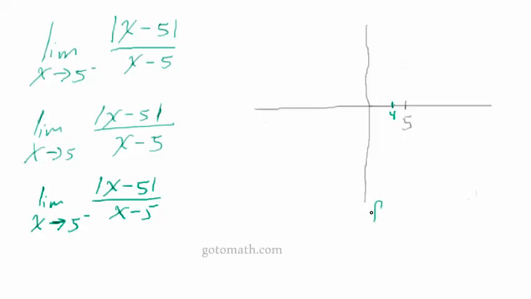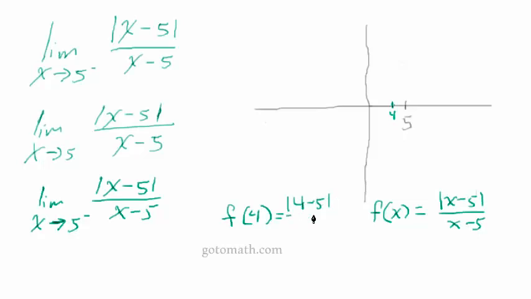Really, we're saying that f of x is equal to the absolute value of x minus 5 over x minus 5. When we plug 4 into this, f of 4, we end up with the absolute value of 4 minus 5 over 4 minus 5.